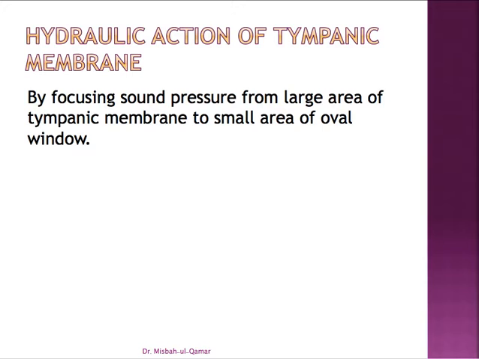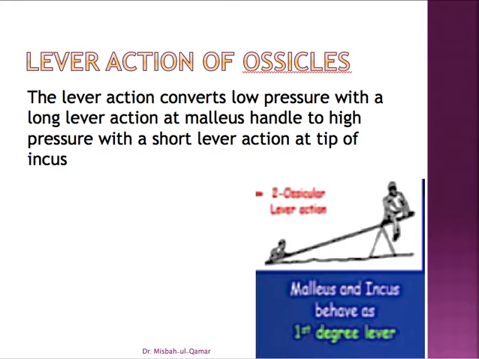The second factor through which the impedance matching is achieved is the lever action of the ossicles. I tell you that the malleus and incus behave as a first degree lever system, okay? Because the handle of the malleus is around 1.3 times longer than the long process of the incus.